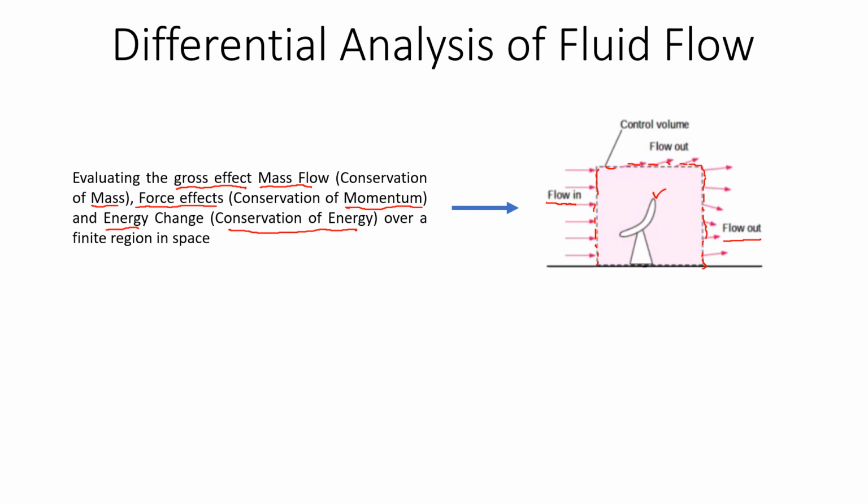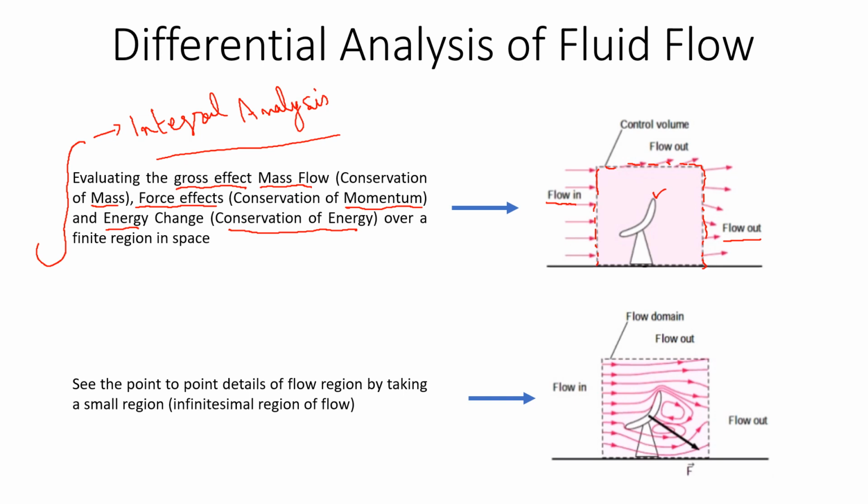So that Reynolds transport theorem was in integral form. So in the previous chapter we did an integral analysis of our flow, and what we will do now is a differential analysis of our flow.